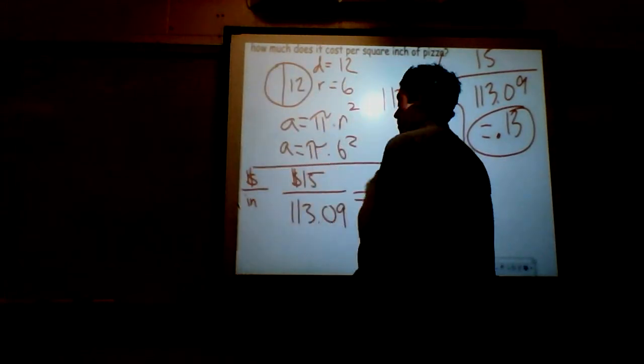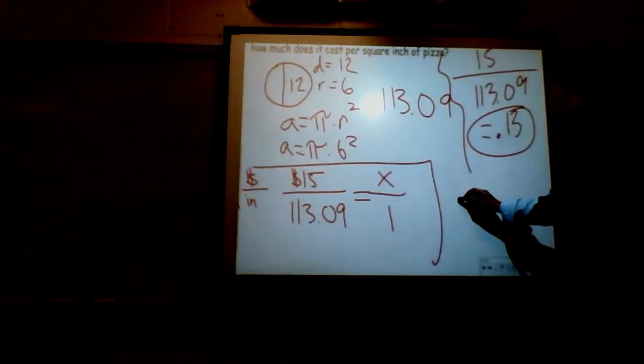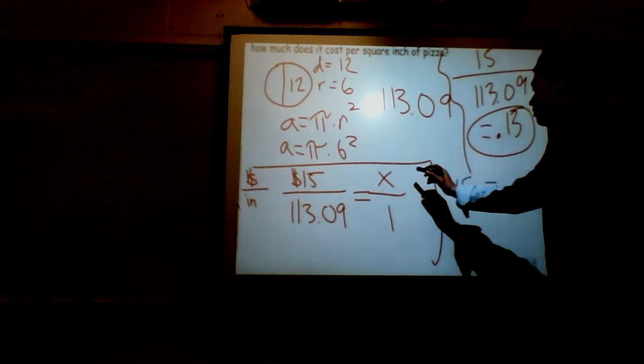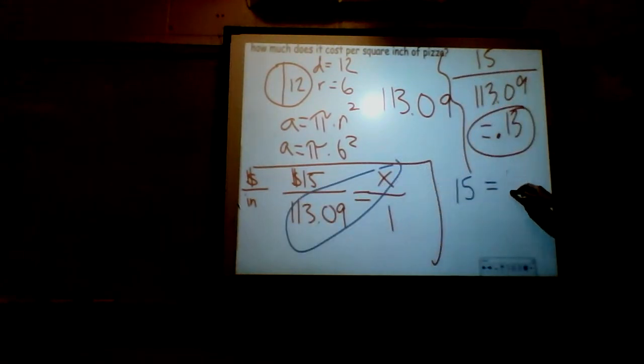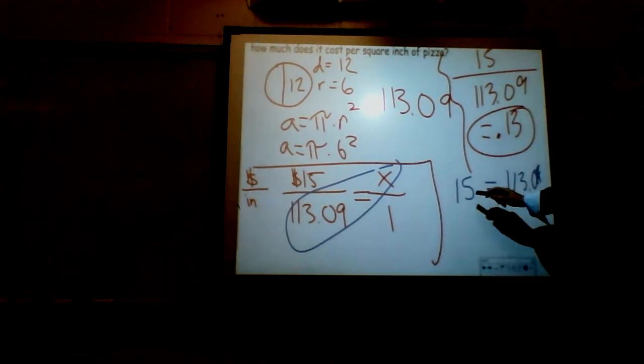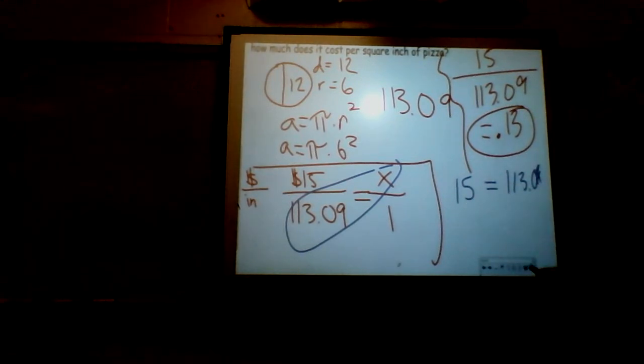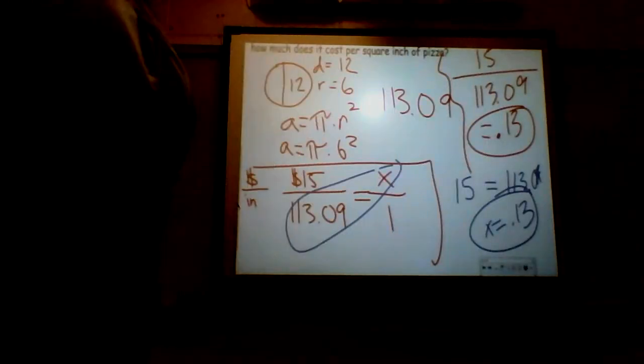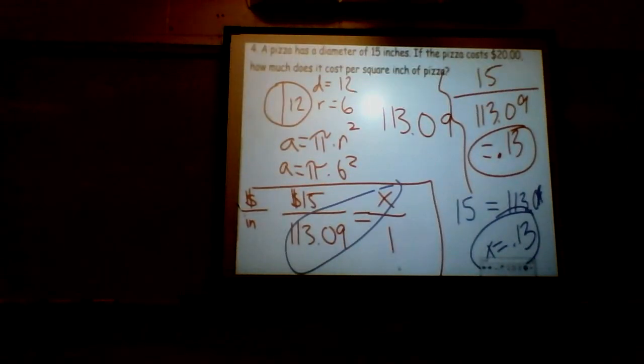Let's see if we get the same answer. 15 times 1 is 15. To get x by itself, we divide each side by 113.09, and sure enough, genius. If you didn't know how to do number 4, pause the tape now and do it.